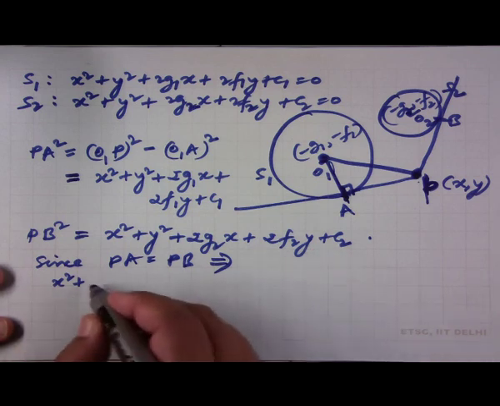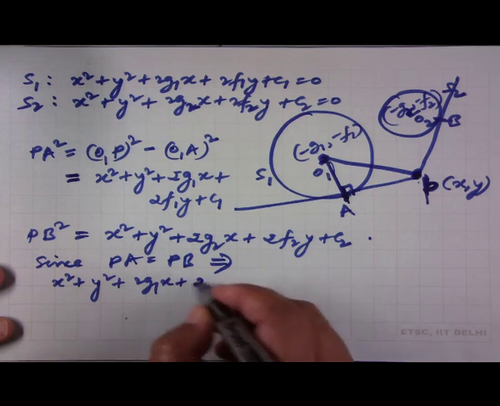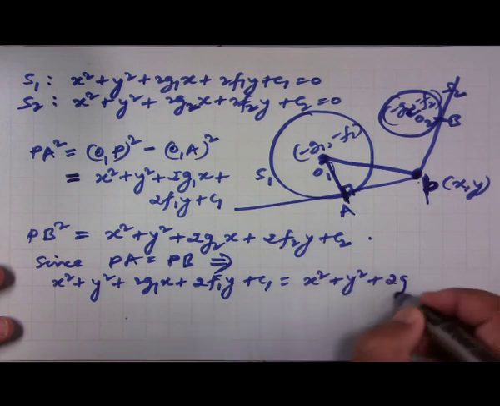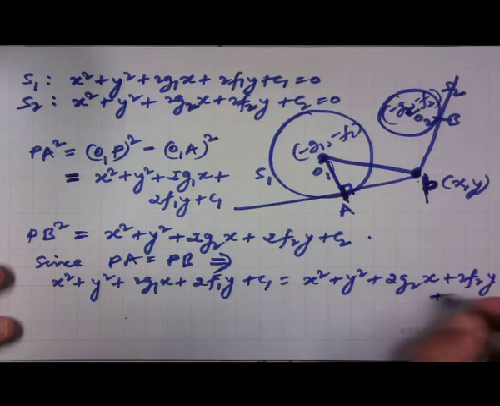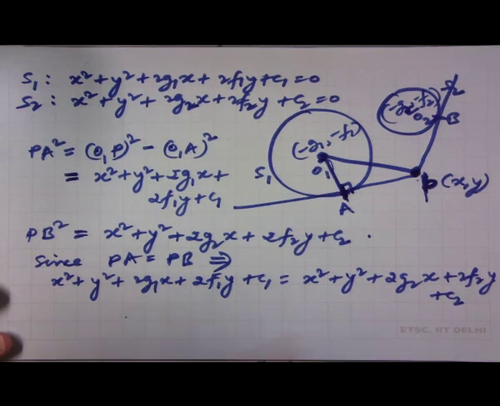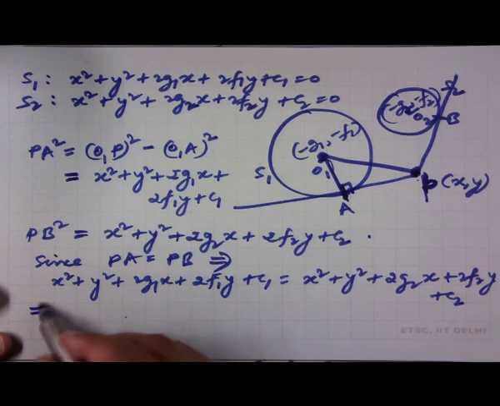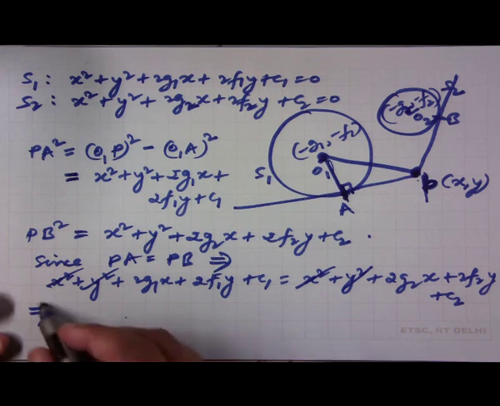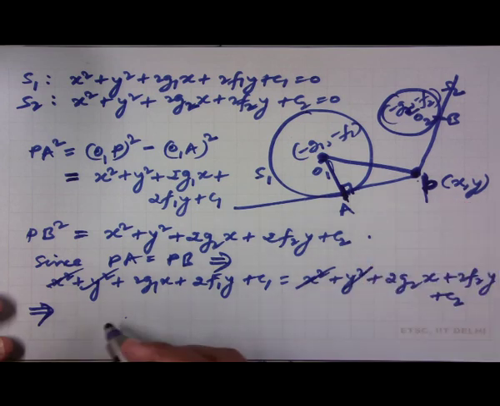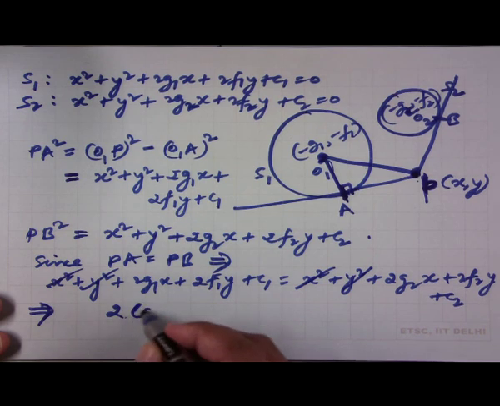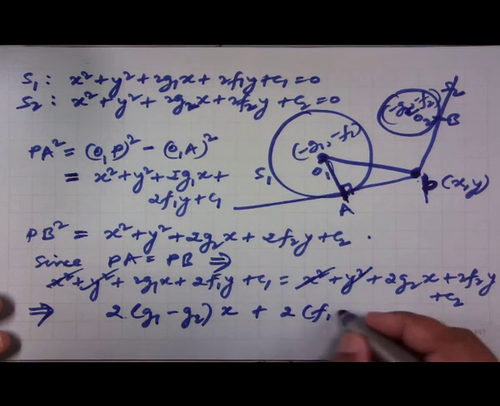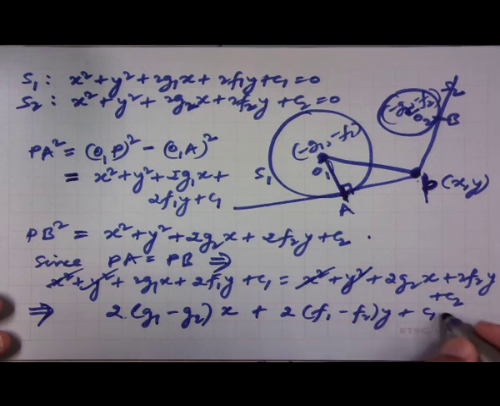So these two should be equal. And from here we get that the coordinates x and y of this point P must satisfy the equation 2 into (g1 minus g2) into x plus 2 into (f1 minus f2) into y plus (c1 minus c2) equals 0.